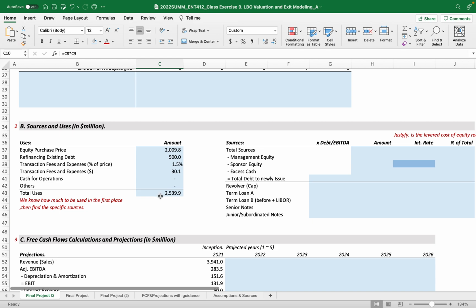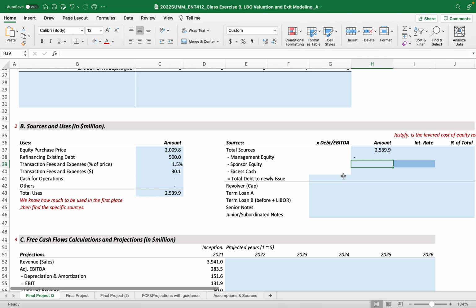Okay, now let's complete the sources part. The sources part must start from total sources being equal to total uses, right? Now we need to identify where this money comes from. That explains the sources. Here, the management equity: if this LBO investment involves the management, definitely there is a management equity. But let's just make it simple, a pure LBO.